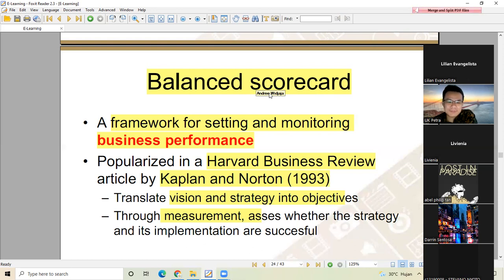Yeah, that's the main purpose of Six Sigma, and usually Six Sigma is mostly used in manufacturing companies. Yep, manufacturing companies. The balanced scorecard can be used by manufacturing companies too, but it is for more general companies. Usually they may use the balanced scorecard. But the purpose is the same, to measure the business performance.